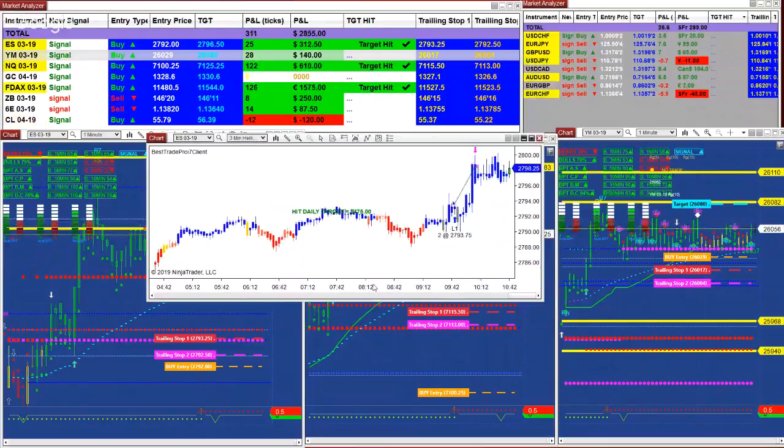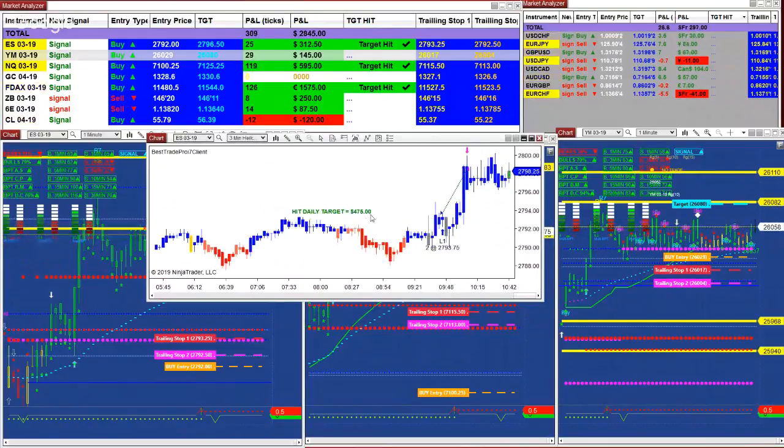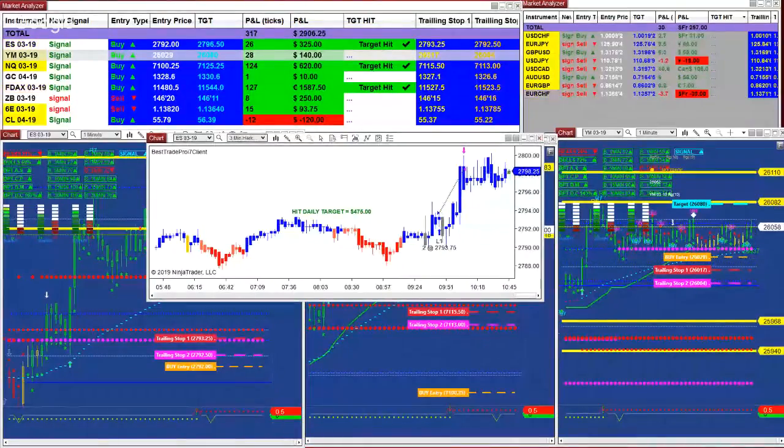The daily target is 500, but if you calculate the slippage and the commission, you will come out to 475. So the ES on the 3 minutes is already done, and it doesn't matter how much money it makes.